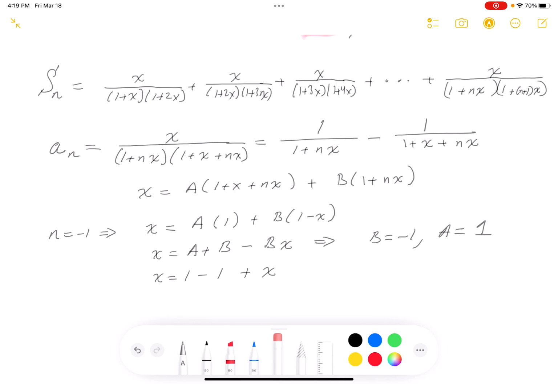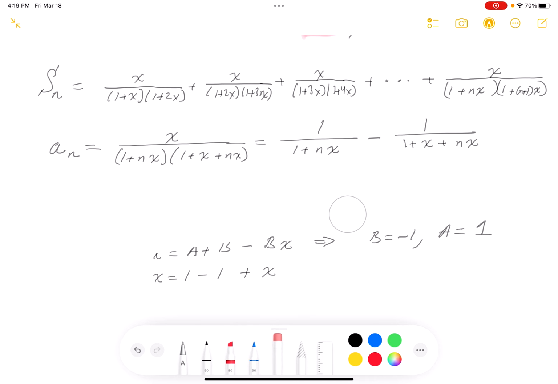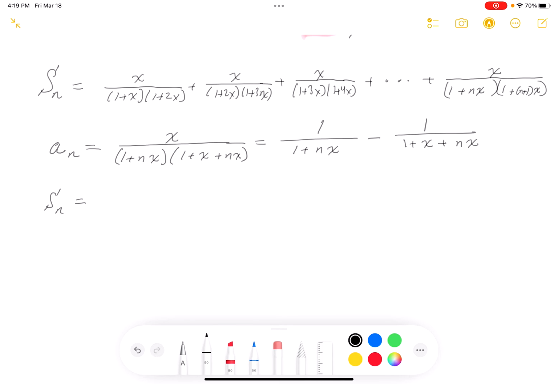Let me get my eraser out. And I know AN. Now someone says, what are you going to do now? I'm going to write down SN, just like I've always done. All right, let's write that down. SN. And I'm going to write down when n is 1. You're going to get 1 over 1 plus x. N is 1 now.